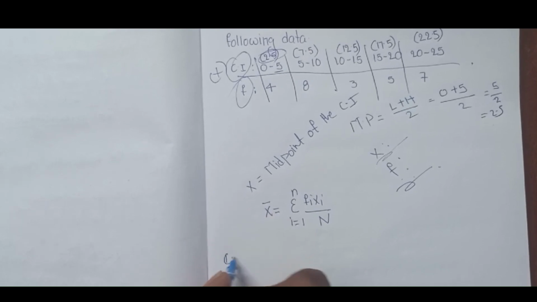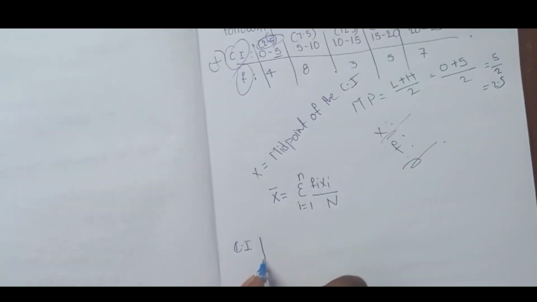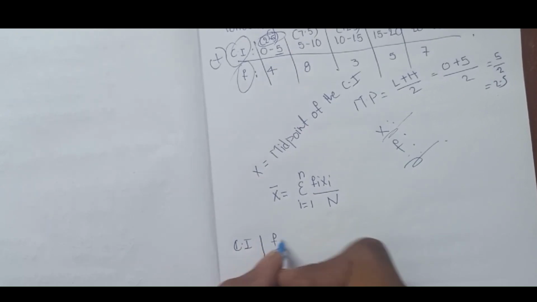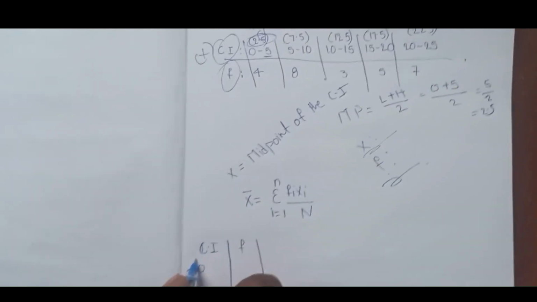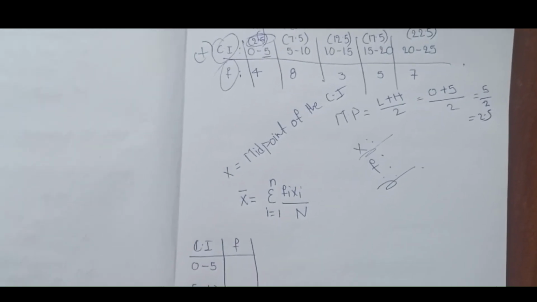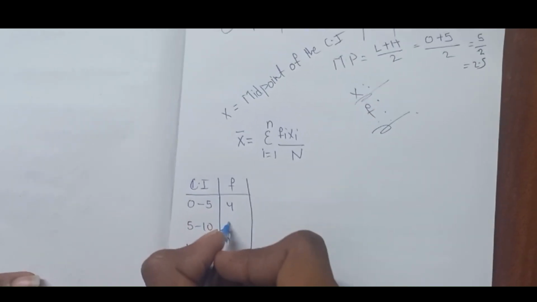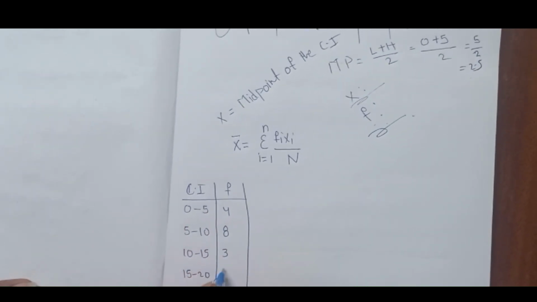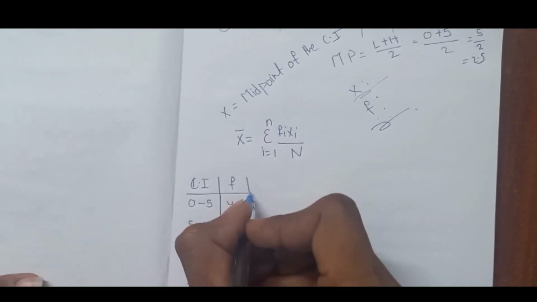One column is the class interval and another the frequency. The class intervals are 0 to 5, 5 to 10, 10 to 15, and the respective frequencies are 4, 8, 3, 5, 7.